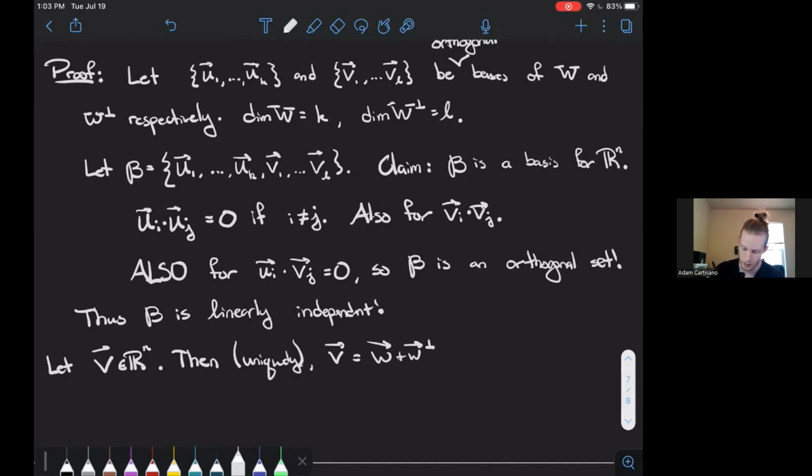Each of these has a unique expression, one in terms of the Uis and one in terms of the Vis. So their sum is a unique expression in terms of the elements of B. So V can be uniquely expressed as a linear combination of vectors in B.